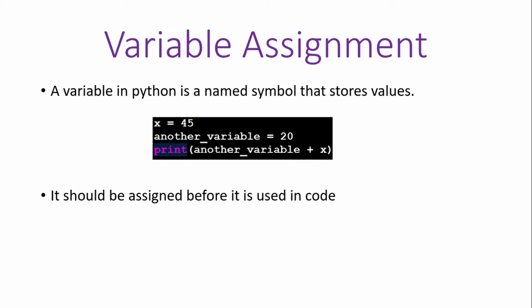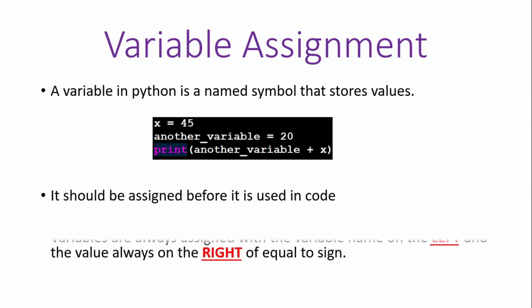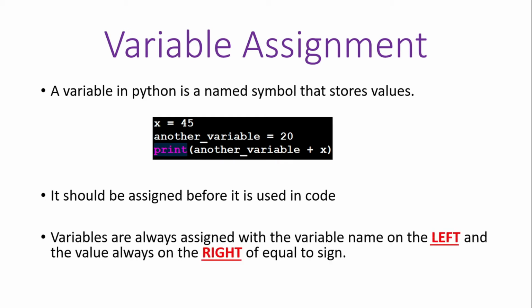So if Python doesn't get what X is, it's going to throw you an error. Okay, this is important. Variable names are always assigned on the left and the variable value is always assigned to the right. In maths, you can flip them both. You can keep the value at the left and at the right. But in Python, it is necessary to keep the variable name on the left and variable value on the right.